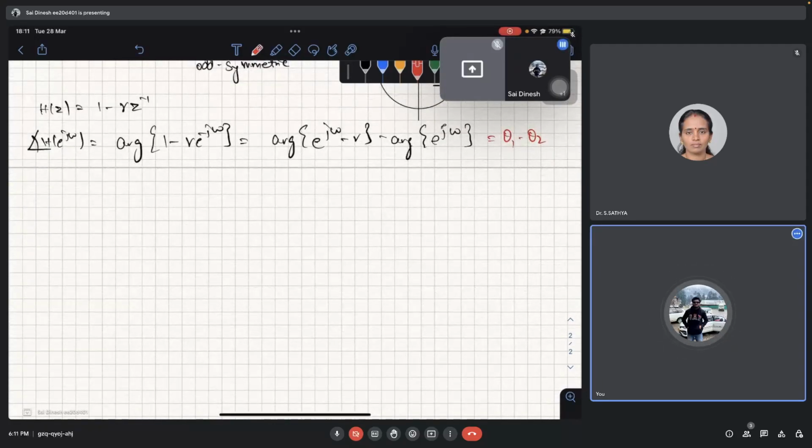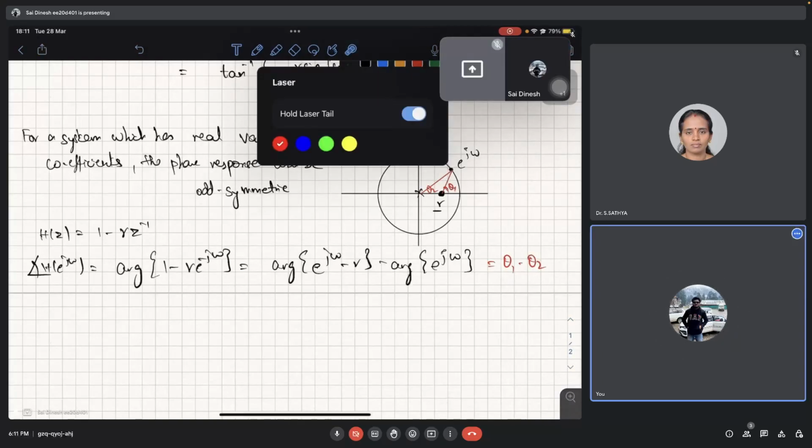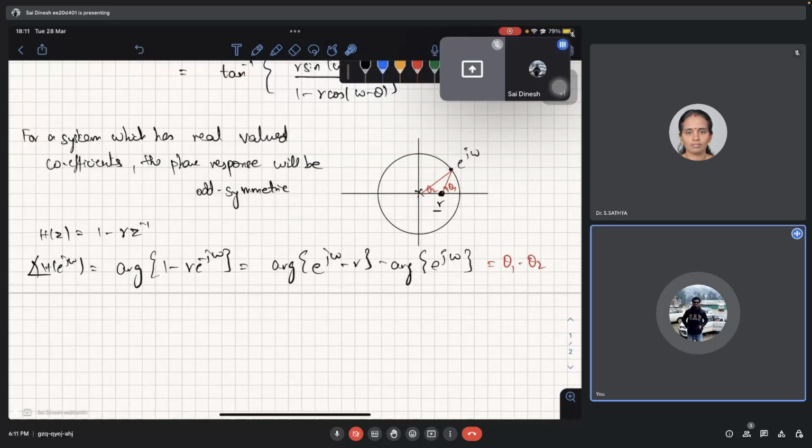Now when omega is increasing, let's say omega is going in this direction, the angles will be like this.